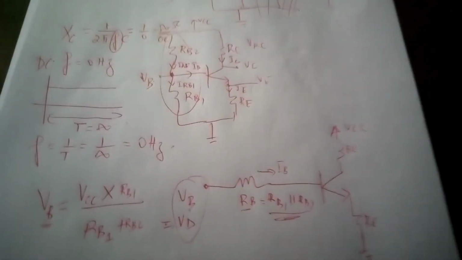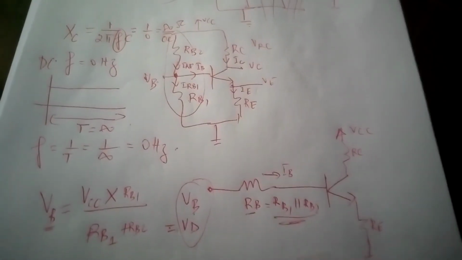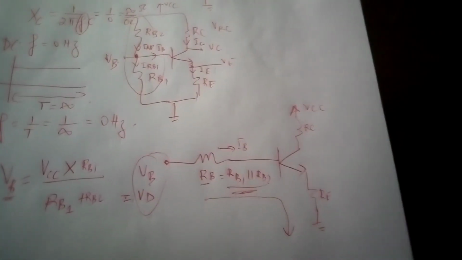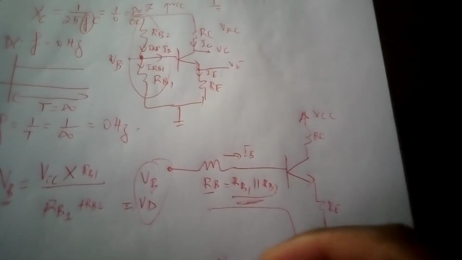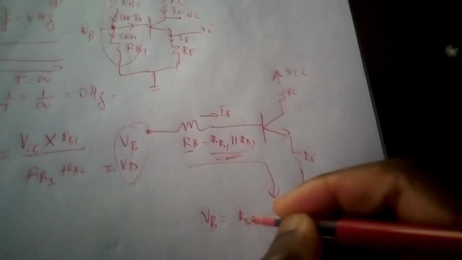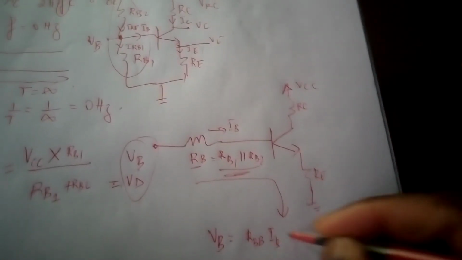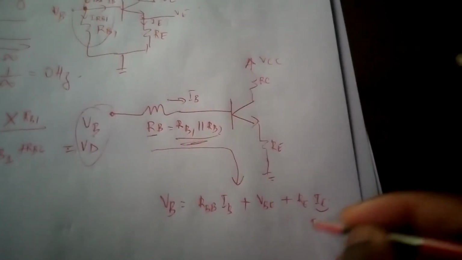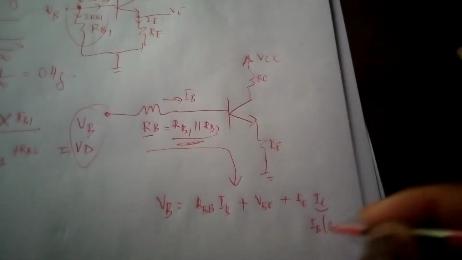And then you can say IB is flowing there, and you can carry on and get your IB through the analysis of Kirchhoff's voltage law in that loop, which dictates that VB is RB times IB plus VBE, which is 0.7, plus RE times IE. IE being equal to IB times beta plus 1, as you know.